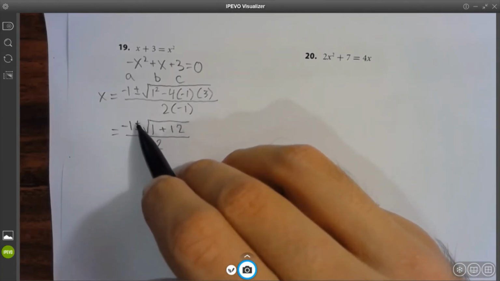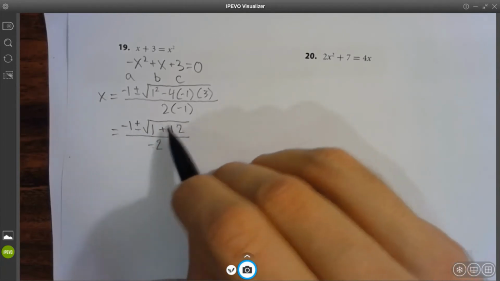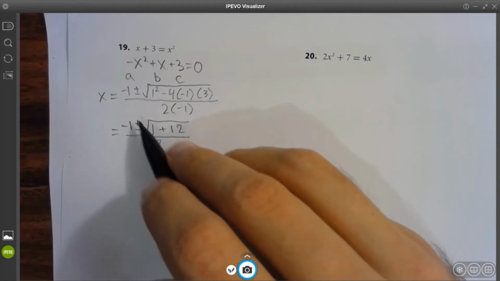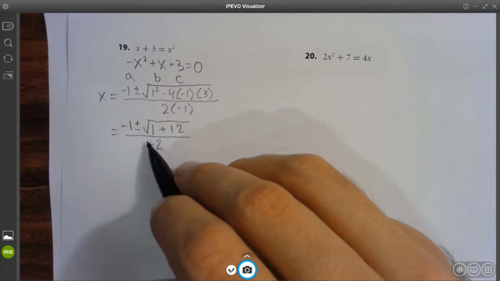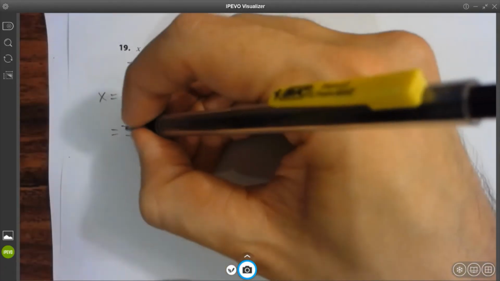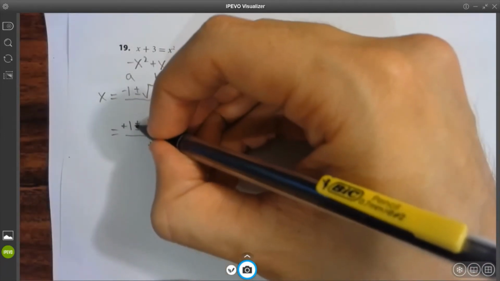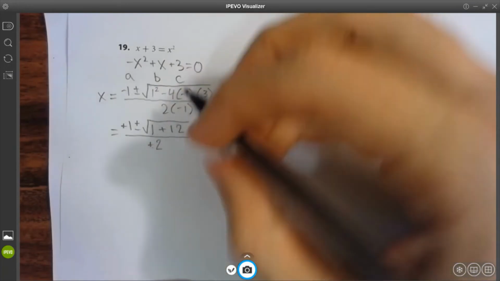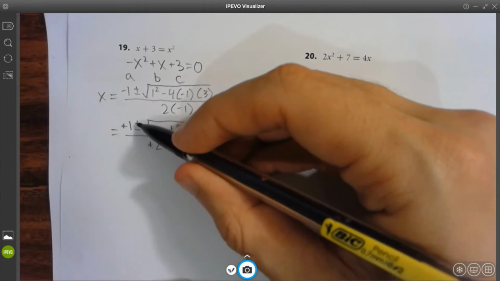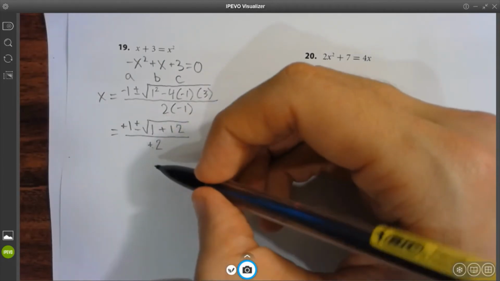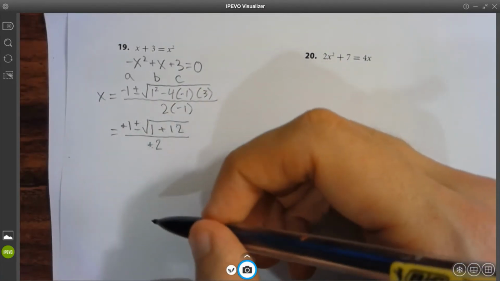And it's also negative 1 plus this stuff. The negative can cancel with the negative, and the plus will change into a minus, basically distributing that negative. So what happens is I can cancel these pluses, and because it's plus or minus, it really doesn't change anything with the radical, because the negative changes into a positive, and the positive changes into a negative, so it makes no difference. So we get a little bit lucky there. We don't have to worry about the negatives.